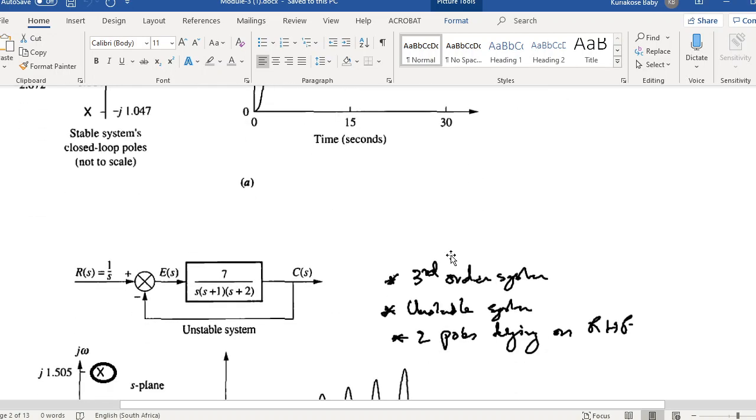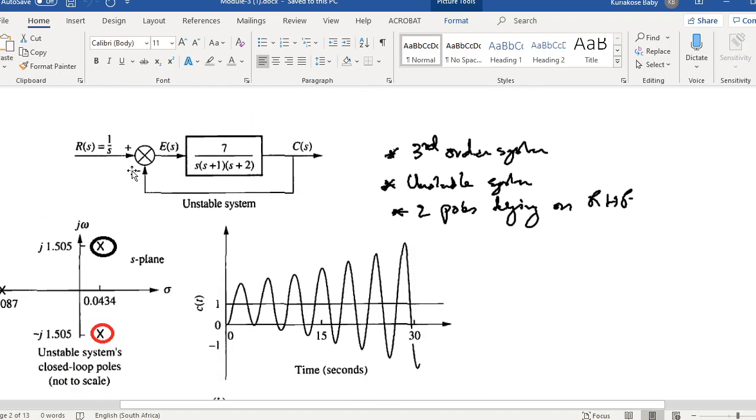All right. Now let's consider another example. Again, a third order system. The open loop transfer function is 7 divided by s into s plus 1 into s plus 2. Once again, you can calculate the roots of this equation using your calculator. Find out the denominator, multiply it out, and then calculate the roots of the equation.